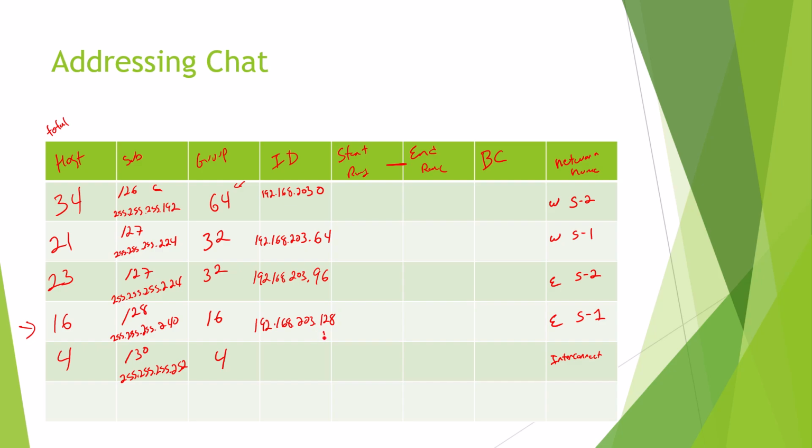We are adding 16. 128 plus 16, 244? Double check my math. 8 plus 6 is 14, carry the 1. That would be 144. I can do math. All right, next one. 5th network, our interconnect. We're adding 4.